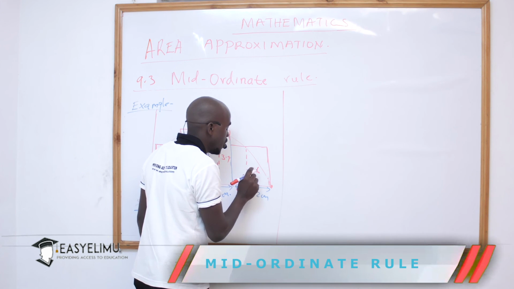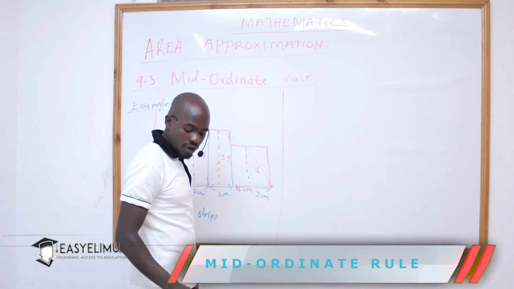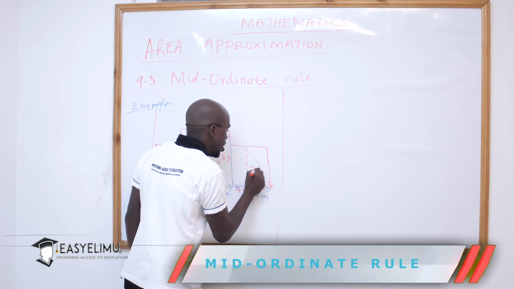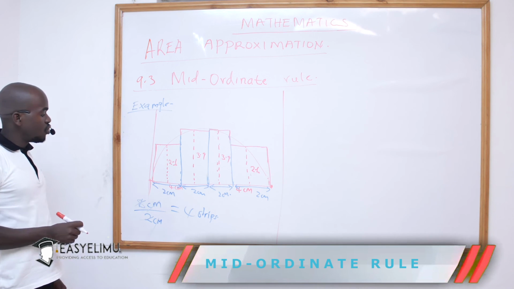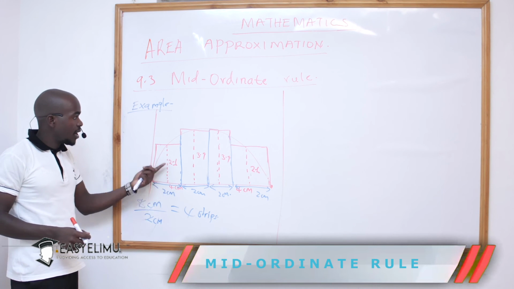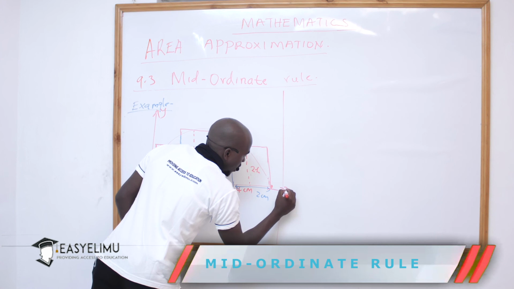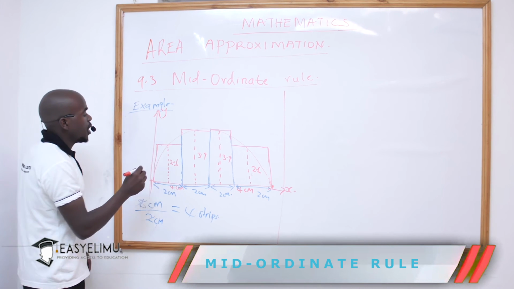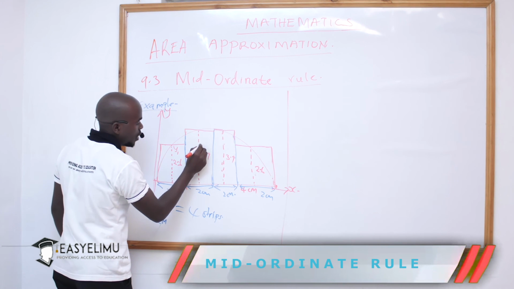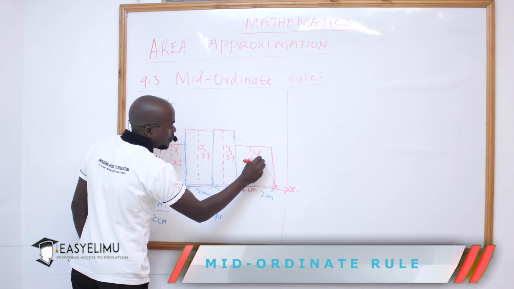Remember, it's a semicircle of 4 centimeters radius, so these values are just alternating. If this is the y-axis and this one is moving along the x-axis, we can say this will be our y1, this one y2, y3, and y4.